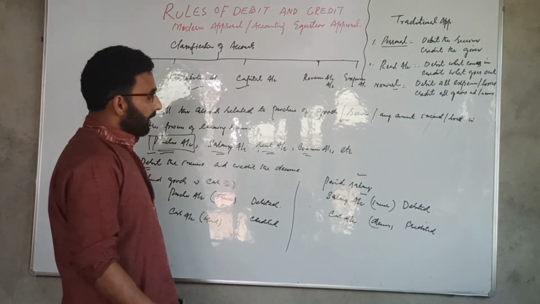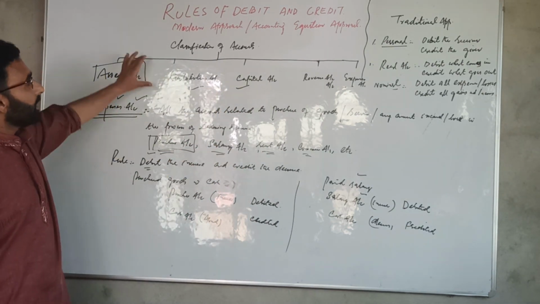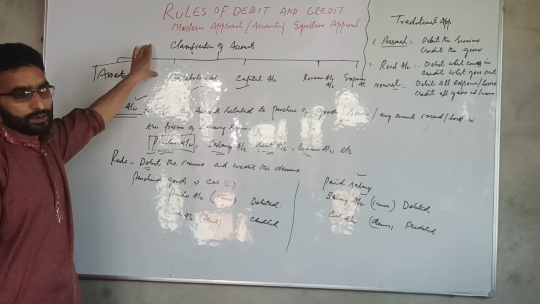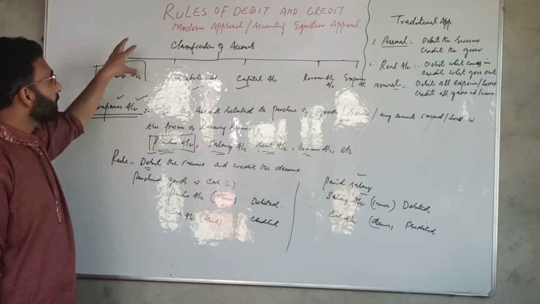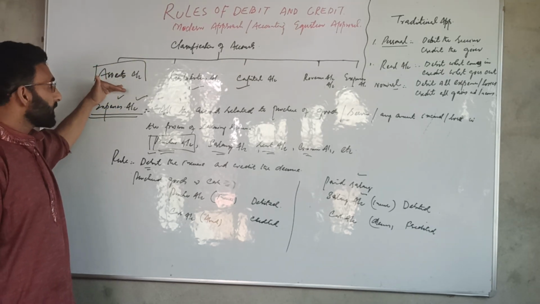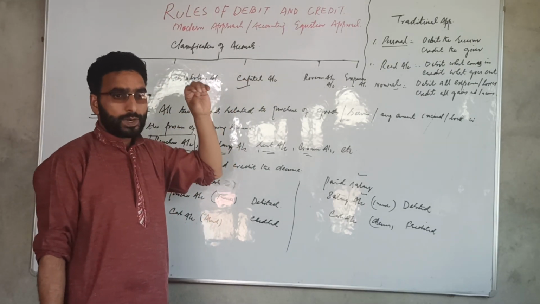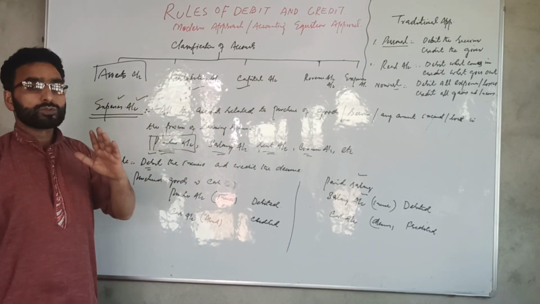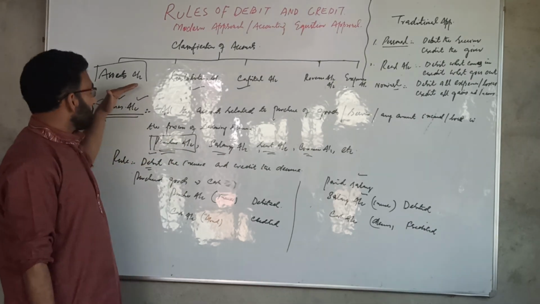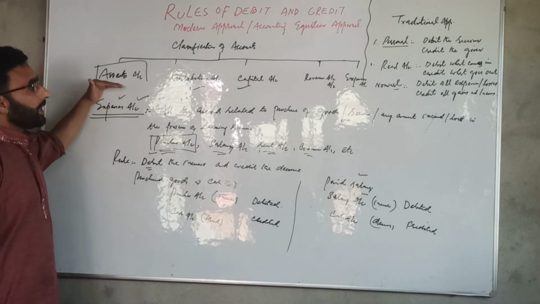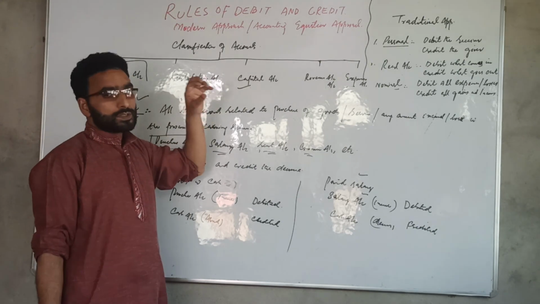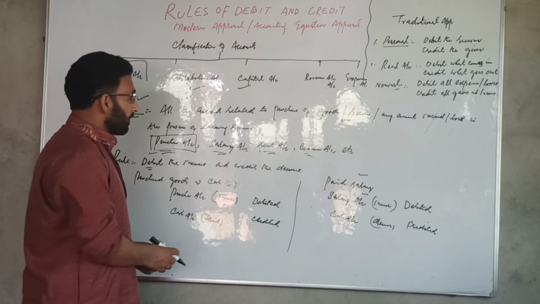Now we have learned how the rule affects the accounts as per the terms. As per the modern approach, we have 5 heads of accounts: assets account, liabilities account, capital account, revenue account, and expenses account. But as per the rule, there are only 2 sides. For assets and expenses the rule is the same, and for liabilities, capital, and revenue the rule is the same. I write it again here.